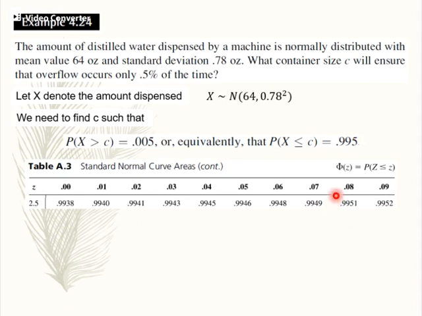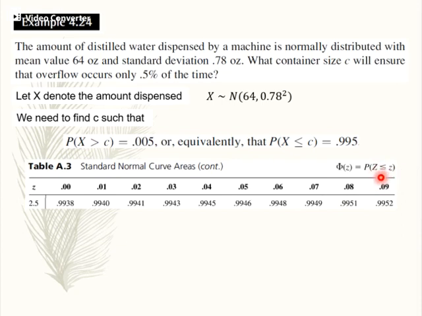If it lies perfectly in the middle, then we take the middle value. In this case, 0.995 lies between 0.9949 and 0.9951, so it's right in the middle. It's about 2.57, and then we add the 5 because it's in the middle. If it was closer to this value, we'd take 2.57. If it was closer to that one, it'd be 2.58, but it's perfectly in the middle, so we're going to use 2.575.